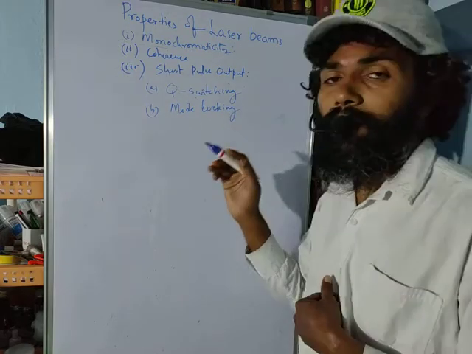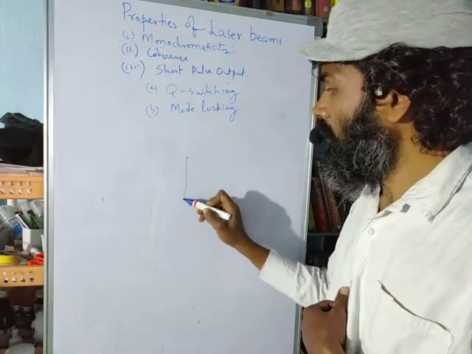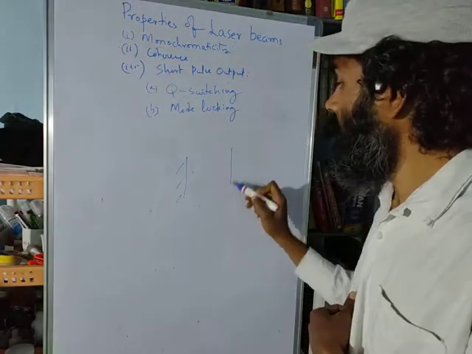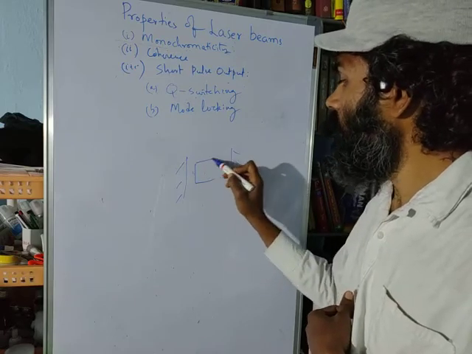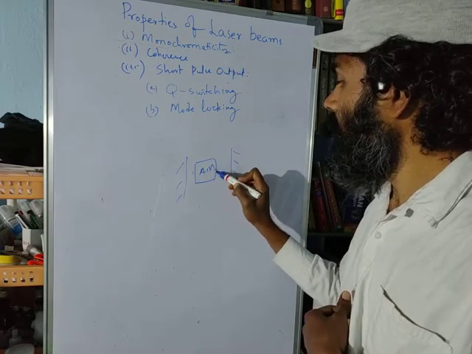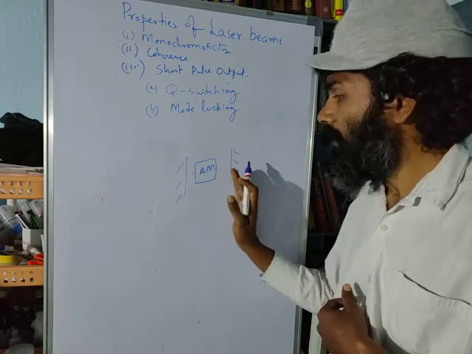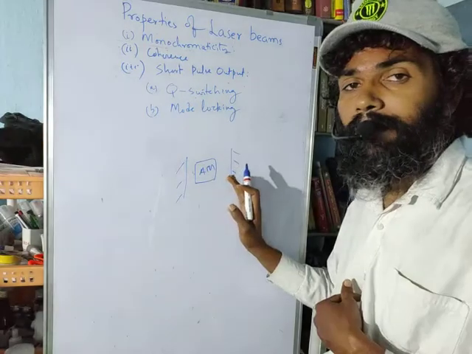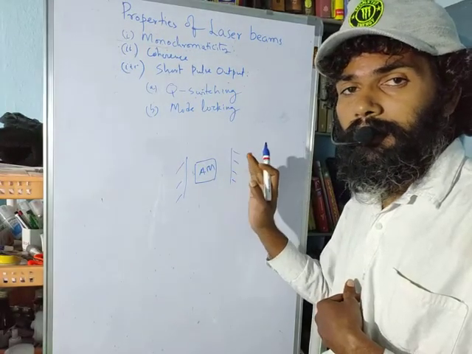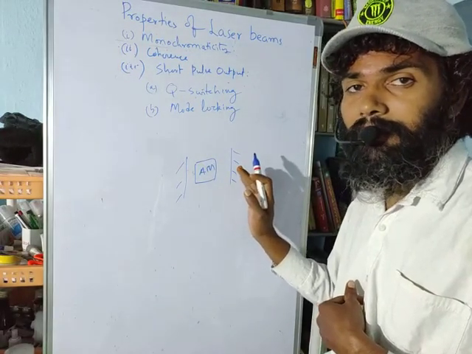So in Q switching, what happens is in the laser cavity where we had these two mirrors and the active medium inside, we change the reflectivity of one of the mirrors from being perfect to a less perfect value.